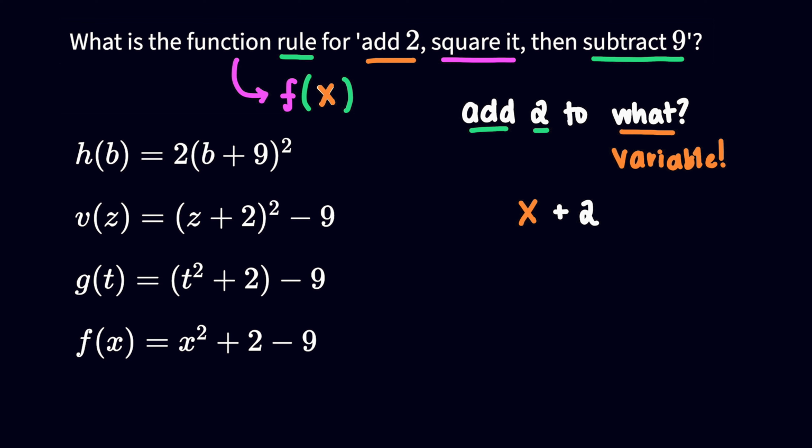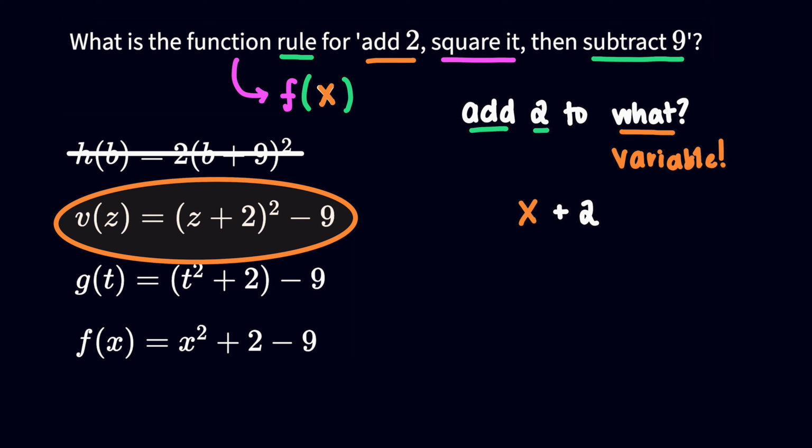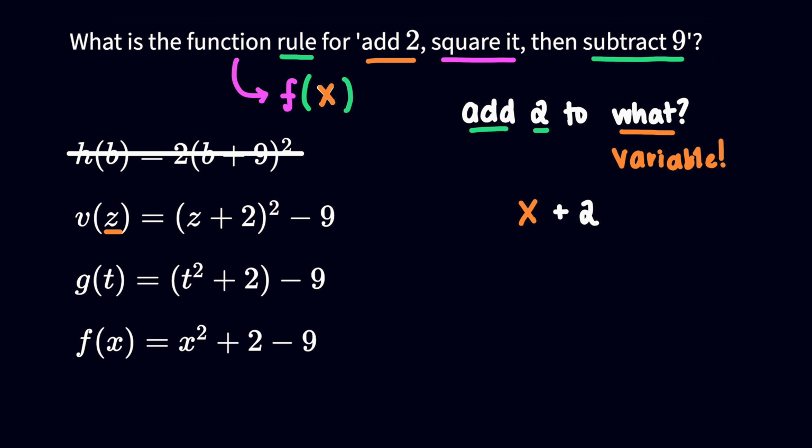So I know that I have to have a variable, x, and then plus 2 uninterrupted. Now what you can do is you could go to your answer choices and see if you could get rid of some answer choices. This is kind of like tips and tricks while also figuring out the answer. So for example, for this rule, I have my variable, but it's not plus 2. It's plus 9. So, bye. We don't have to look at that one ever again. The next one has the variable z, and it's z plus 2, just like our x plus 2.